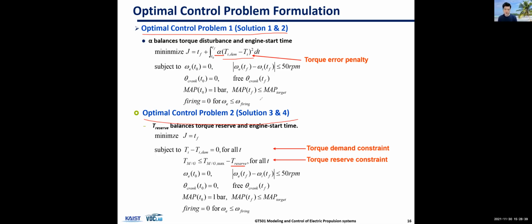But solutions 3 and 4 are something we are not going to compromise. We're not going to compromise delta torque. Delta torque is always equal to 0 here. Instead, we're going to even ask for more torque reserve, okay?